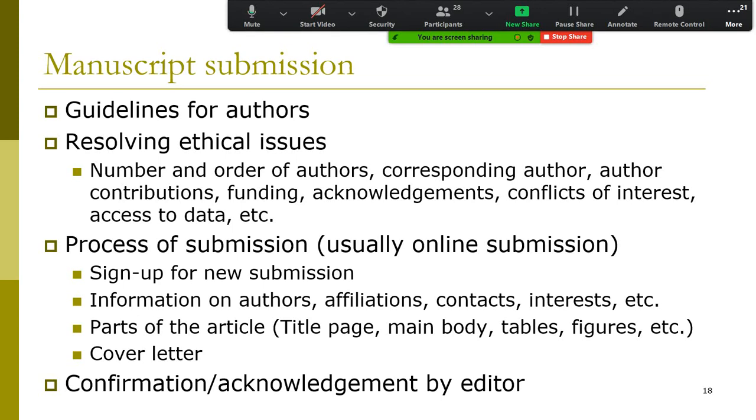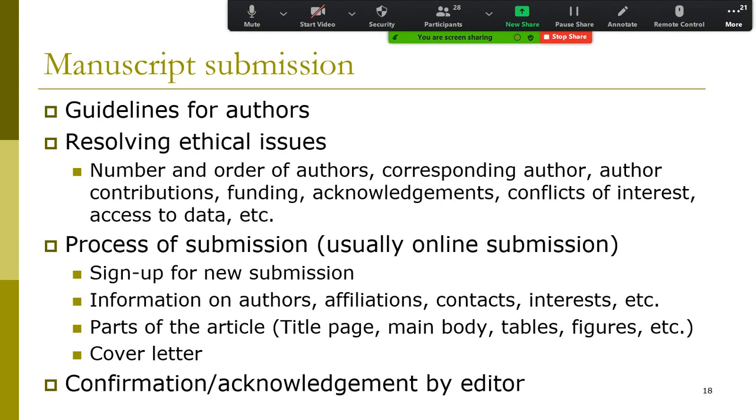First of all, you have to enter the information on authors: author names, affiliations, contacts, email, telephone, etc. And normally they also ask your interest areas, the subject keywords in which you are interested. After all this information, you will be asked to upload the article. Normally an article has different parts, and you have to make different files for those parts. The title page is normally separate, then the main body, and then tables and figures, etc.